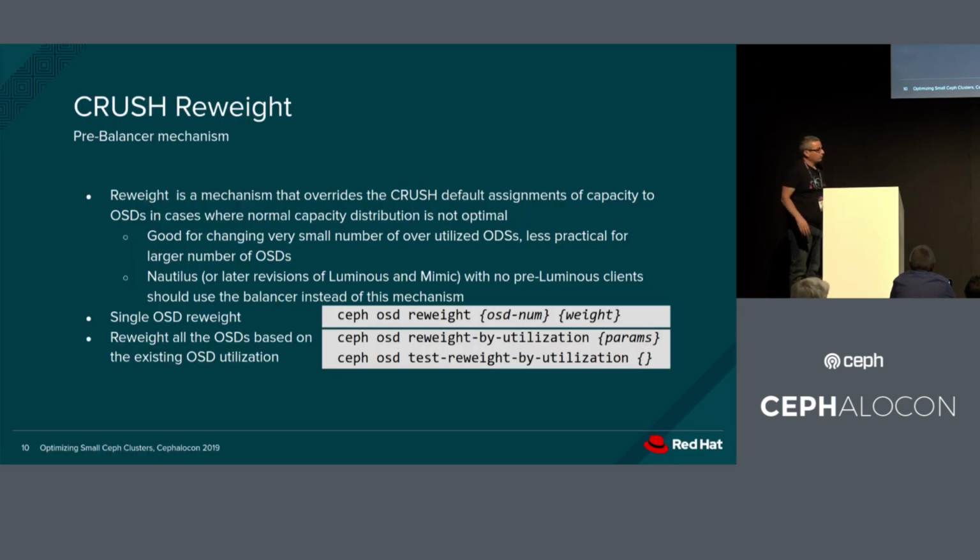We have the crush reweight. Again, from the tests that I did, I recommend using this if you cannot use the balancer. It's an older mechanism. You could change the weight of a single OSD, or you could do reweight by utilization, which changes the weights for the entire crush map according to the utilization of the devices.